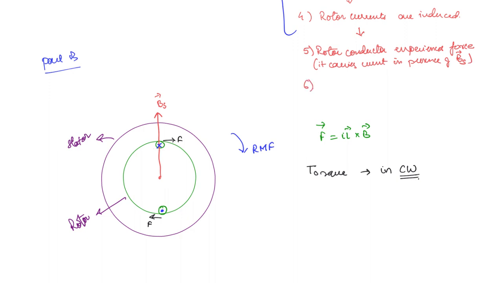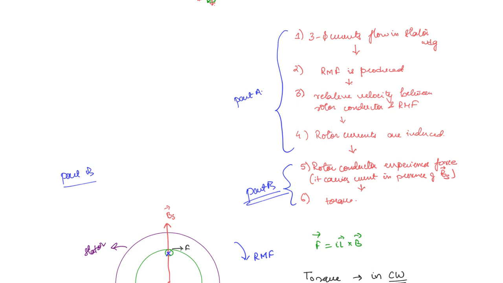And this force, since it is applicable on one side of the rotor, it is in one direction, on the other side it is in the other direction, so a torque is produced. Okay, so this is part B. So now we can see the entire working in these 6 steps. What are we giving? 3-phase currents we are giving, and all of this process is happening, resulting in a torque.